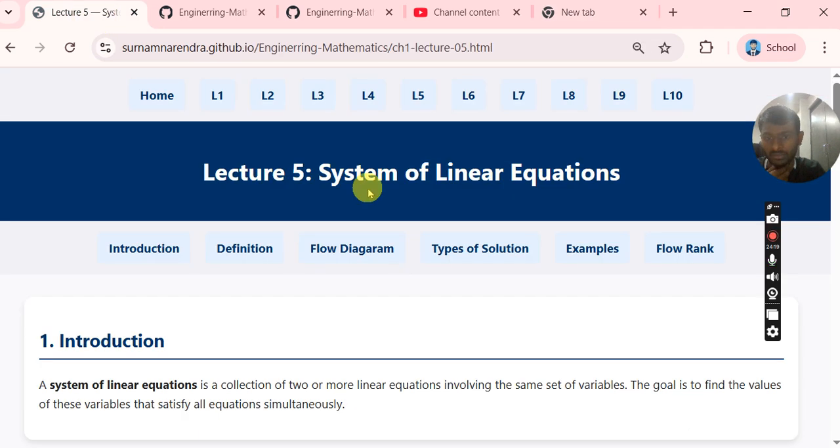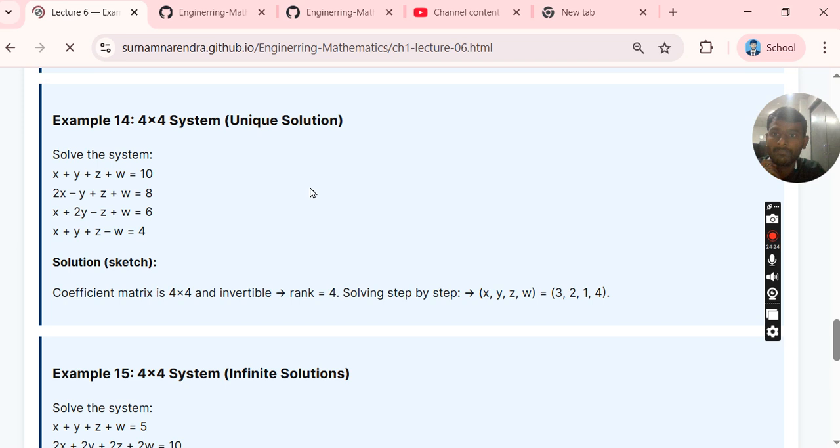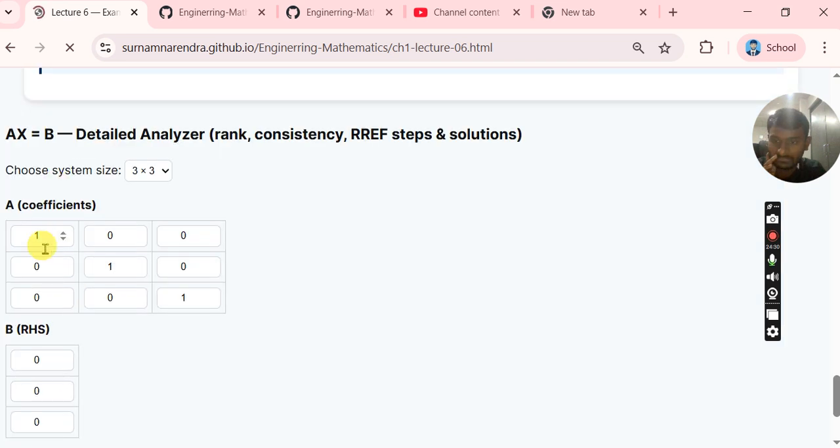It will be there in lecture 6, I think. So we got a 3 cross 3 matrix, x will be 1 and y will be 1 and z will be 1.